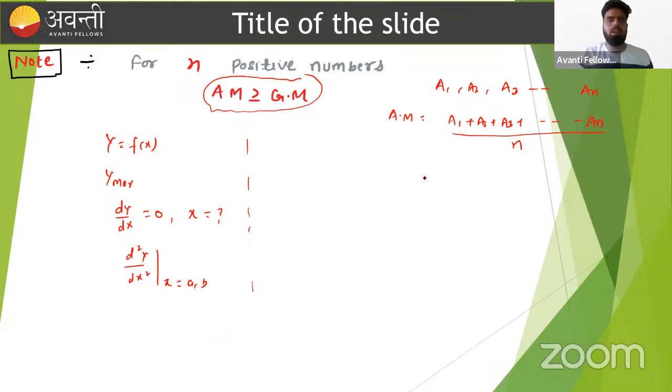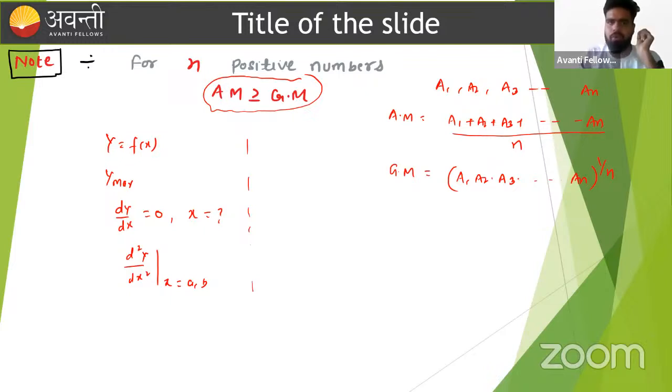In the same manner, what is the geometric mean of the given n terms? It is a1 into a2 into a3 into an, raised to the power 1 upon n.